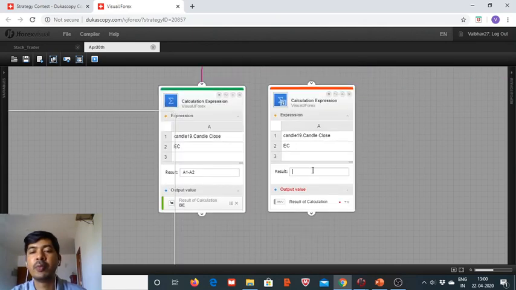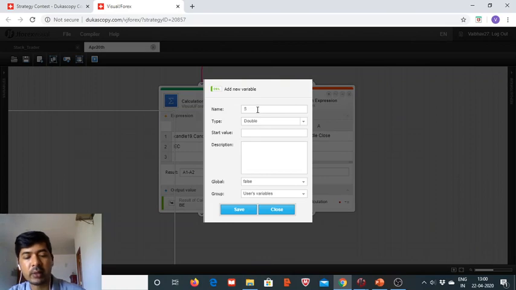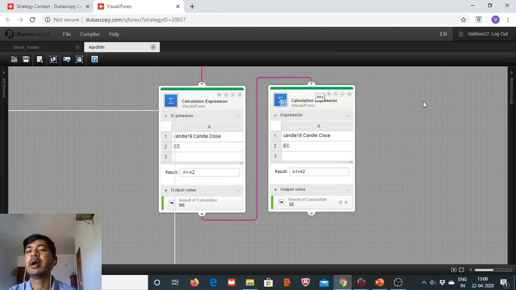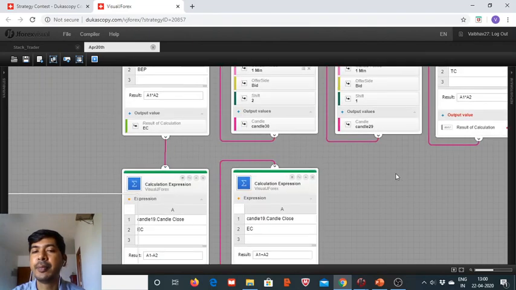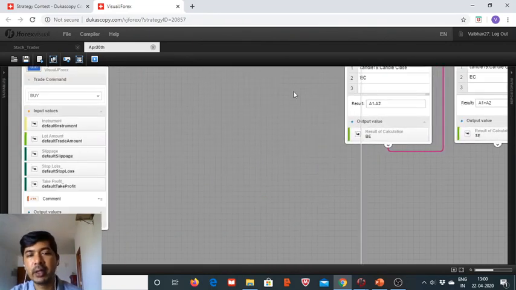So we do A1 plus A2, and we define these as SE. We are yet to start working on the sell side, but we just got these entry points done, and then we will need to do the order validity as well.